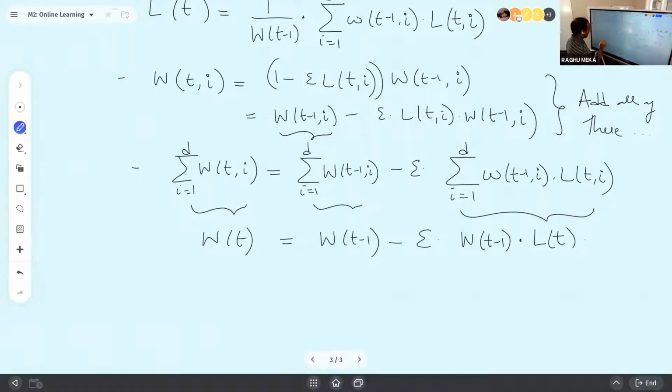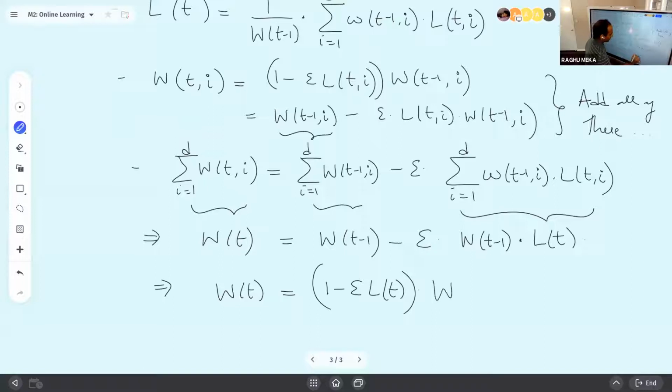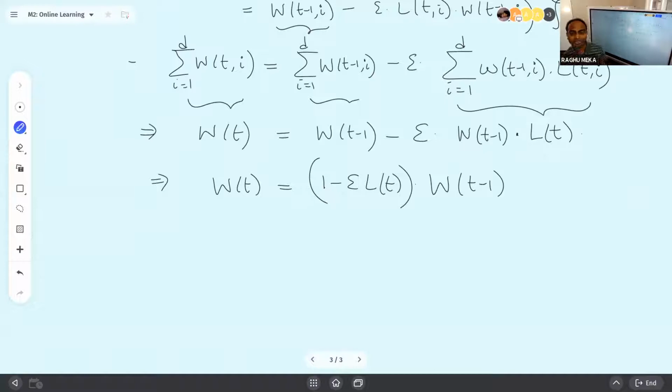Right? So, in essence, we just showed this very nice relation between how much loss we are incurring and how the weights are changing. So if you incur too much loss on a single day, then your total weight has dropped significantly. Okay, does this make sense? Any questions about this simple arithmetic?